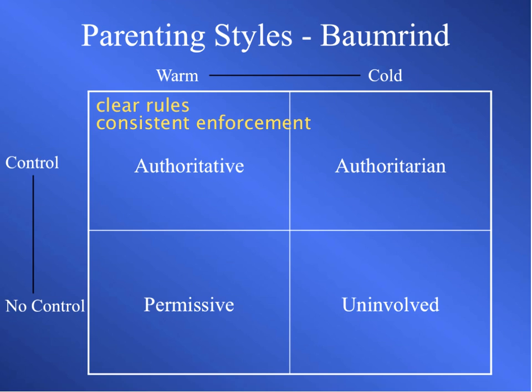Clear rules with consistent enforcement, and there are rewards for compliance. So rewards for compliance means when you follow the rules and you do what you're supposed to be doing, mom and dad reward you for doing so. Okay? So if you're expected to clean your room on Saturday and you do it, they might present you with ice cream as a reward for doing that.